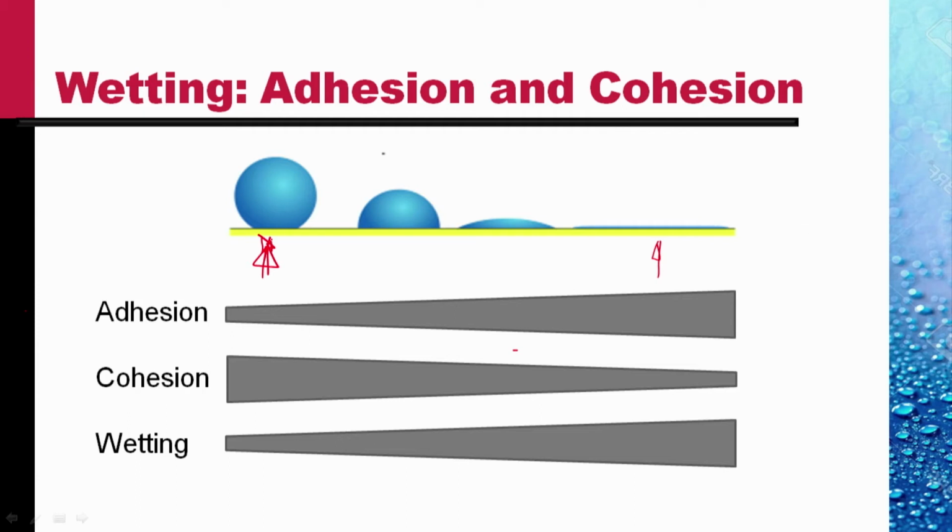But on an ordinary paper, the droplet of water would spread out like this because the water wets an ordinary paper, but it does not wet a waxed paper. On a waxed paper, the adhesion with the paper is low, cohesion within the water molecules is high.